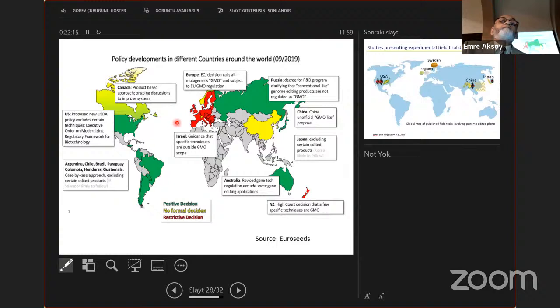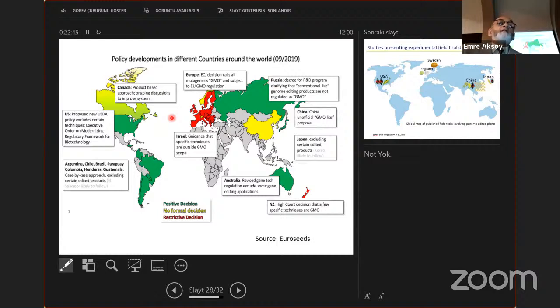In Canada, there is a product-based approach, with ongoing discussion to improve the system. So they believe in the product approach, but there are always chances to improve it. In the US, a proposed new USDA policy excludes certain techniques, along with an executive order on modernizing the regulatory framework for biotechnology.